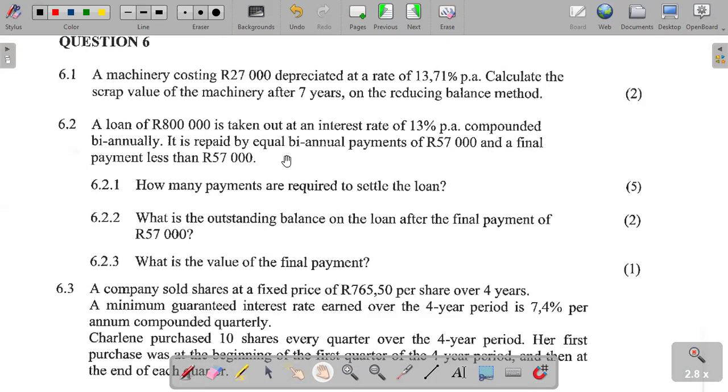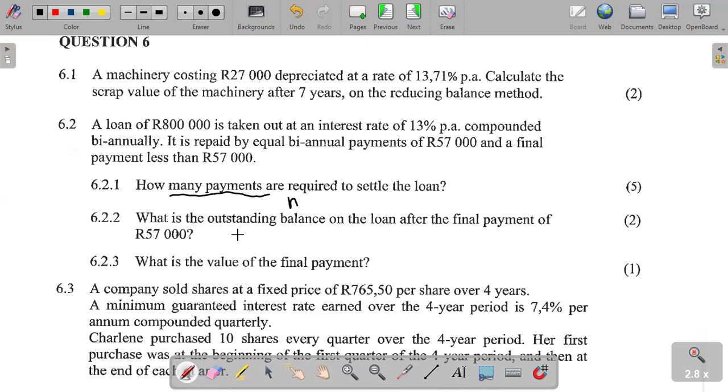It is repaid by equal biannual payments of 57,000 rands and a final payment less than 57,000 rand. How many payments are required to settle the loan? Okay, how many payments? So if they say how many payments, what do they want? They want n in it.